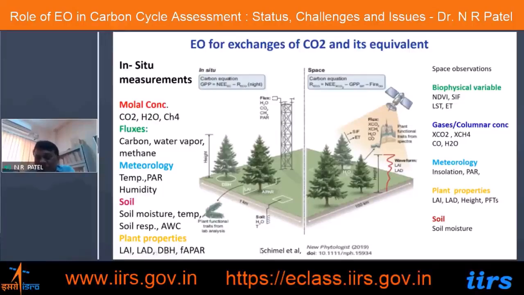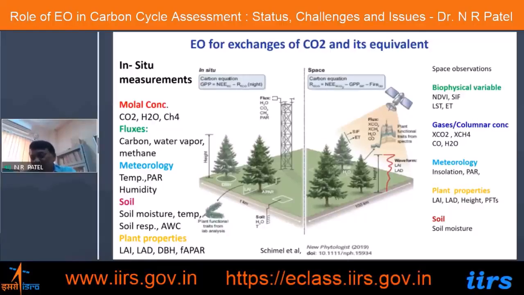Then meteorology, insolation and power. Now there are many geostationary satellite data. Geostationary satellite sensors are being evolved or developed. Like in India, we had Kalpana VHRR, INSAT. These provide hourly images of the satellite.